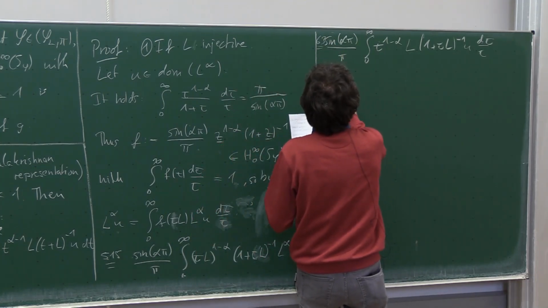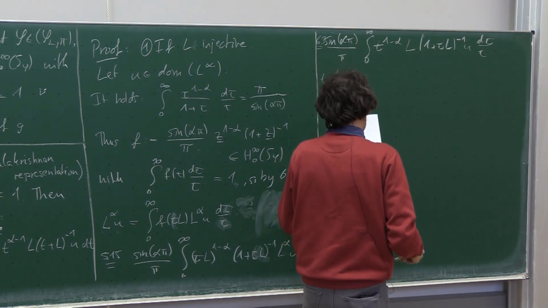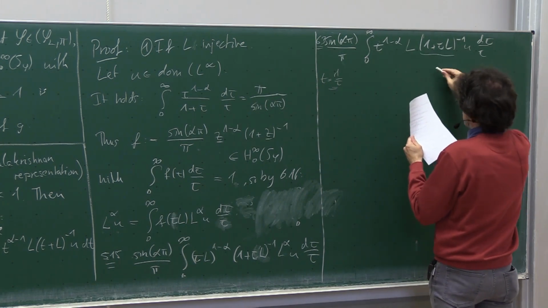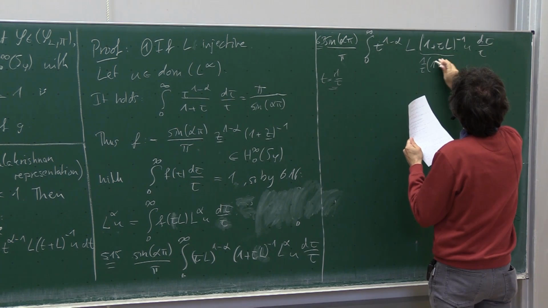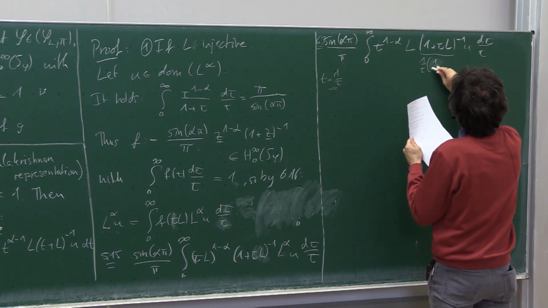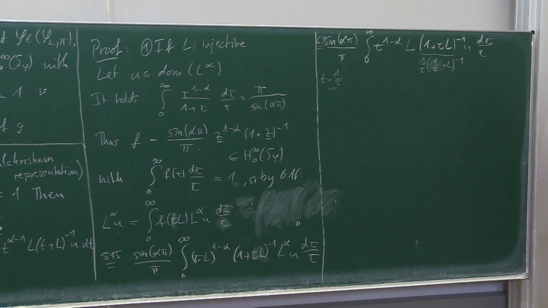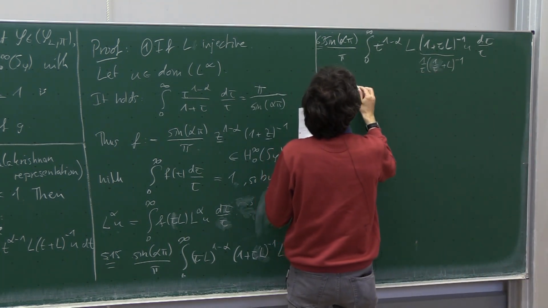Now you do a change of variables, t equals 1 over tau. Why do I do this? Because this can be rewritten as 1 over tau times 1 over tau plus L to the minus 1. And I want to replace 1 over tau by t.